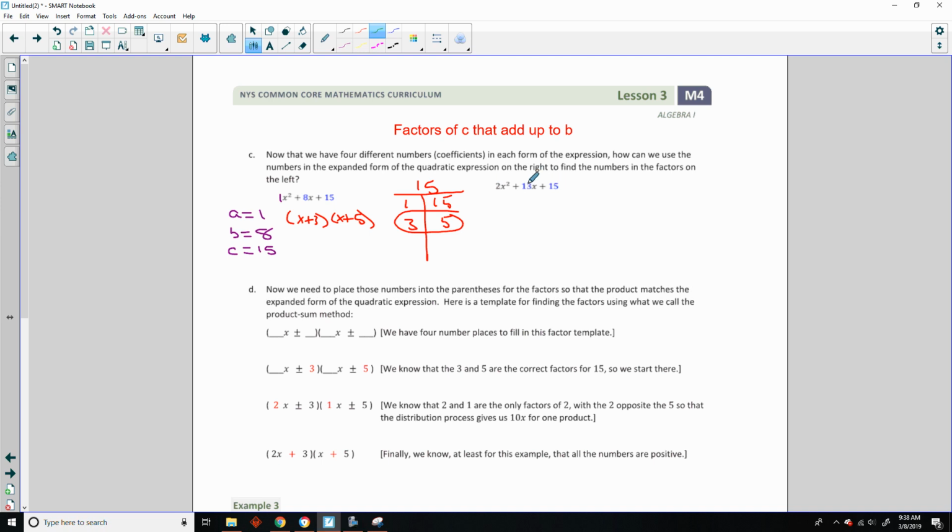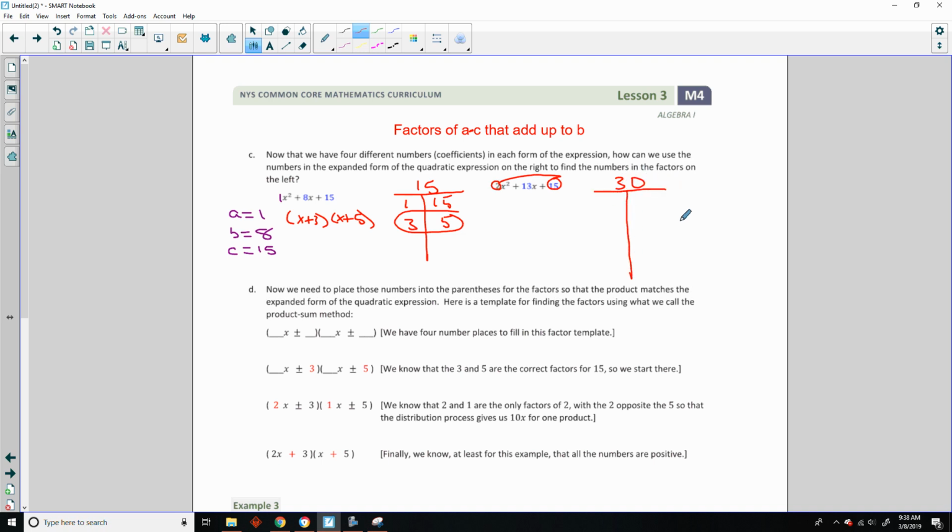So I'm going to change my rule a little bit here, and it's going to be factors of A times C that add up to B. So factors of A times C that add up to B.